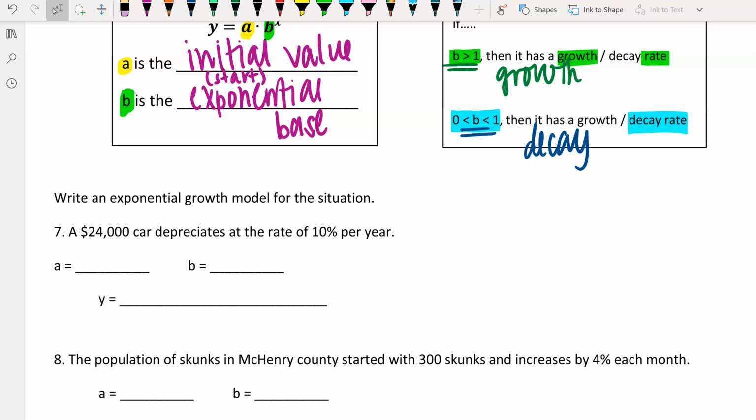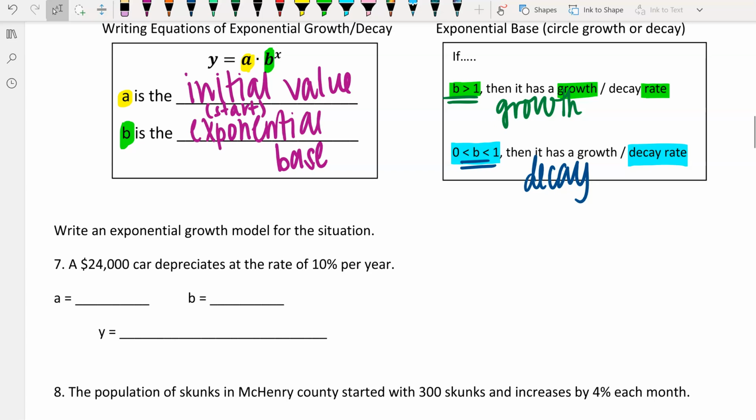A $24,000 car depreciates at a rate of 10% per year. Because you have an A and a B, what value does it start at? What is the initial value? That's what A is. What is the initial value of the car? And then what is the base? What is it changing by?